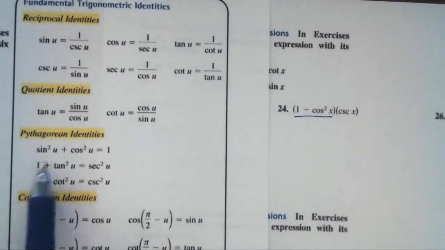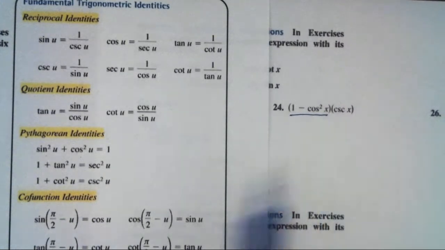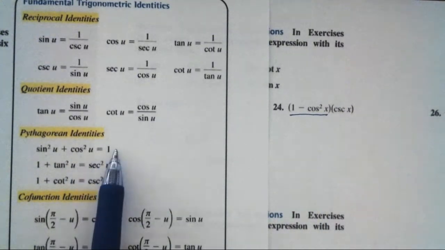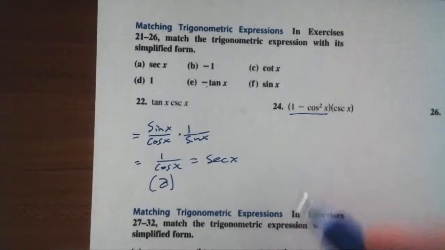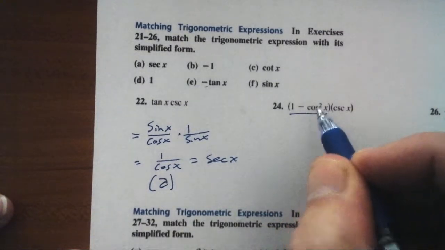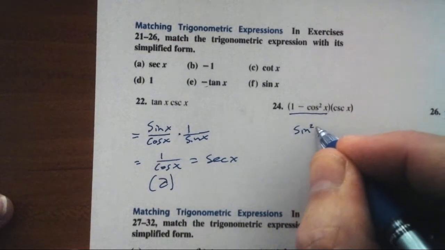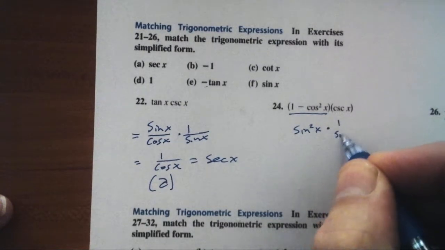Can we manipulate this to be 1 minus cosine squared? Sure, if I just subtracted cosine squared, sine squared would equal 1 minus cosine squared. So this is really nice and convenient. If this was 1 plus cosine squared, it wouldn't be as useful, but this is just sine squared of x. I think I'll take this and turn this one into 1 on sine of x.